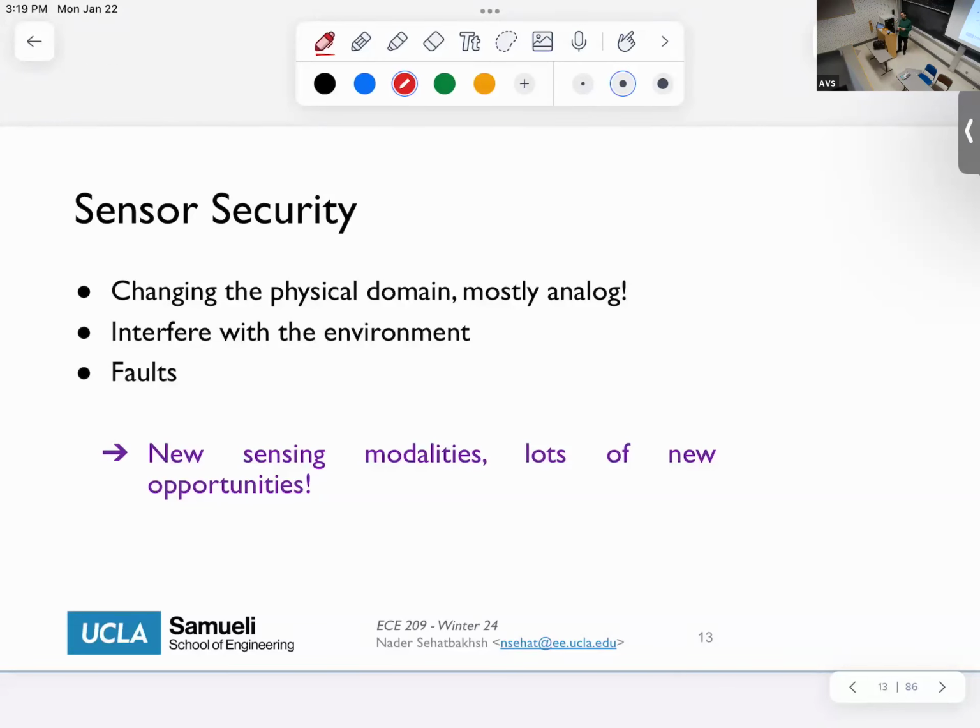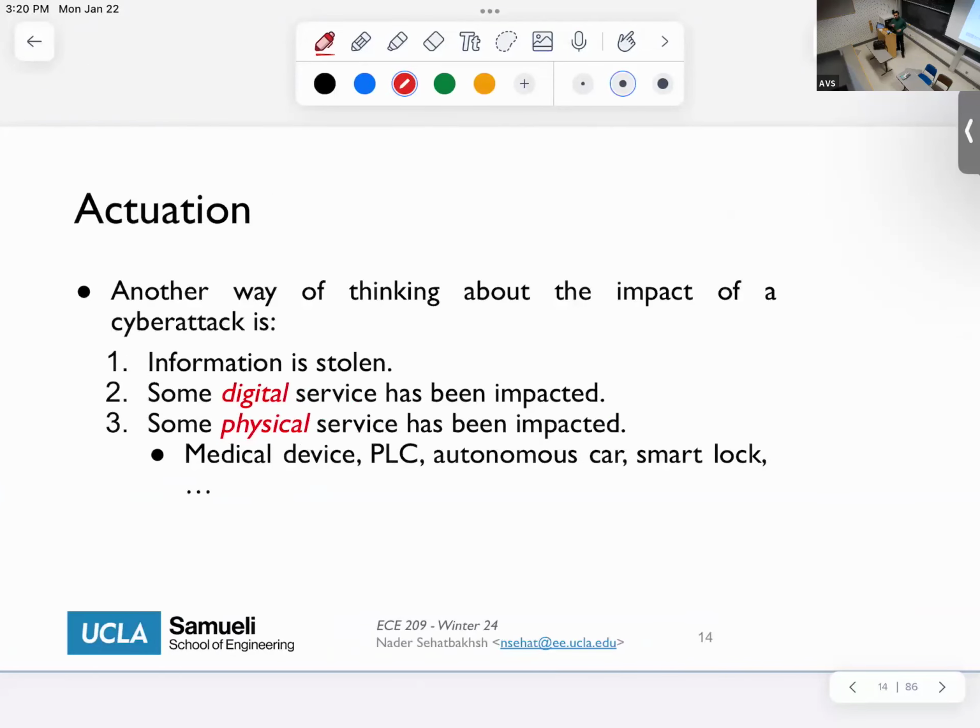But unfortunately, since you can access the sensors, the adversary can also access the sensors. That's the problem with sensors. Similarly, the actuation domain, the connection between your system and some physical events, can also be impacted by this. And actuation is usually much more significant because it has a physical impact.